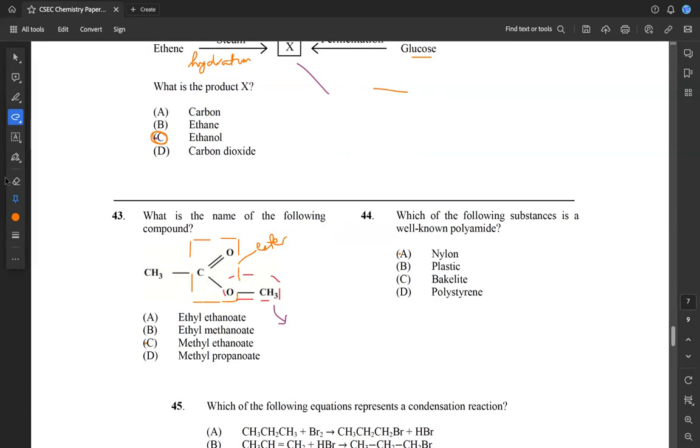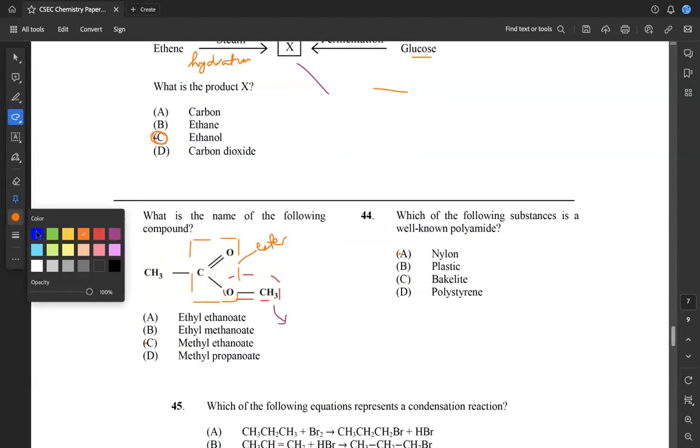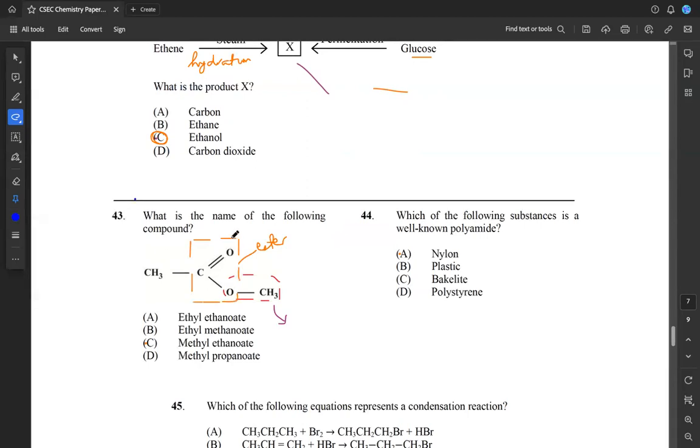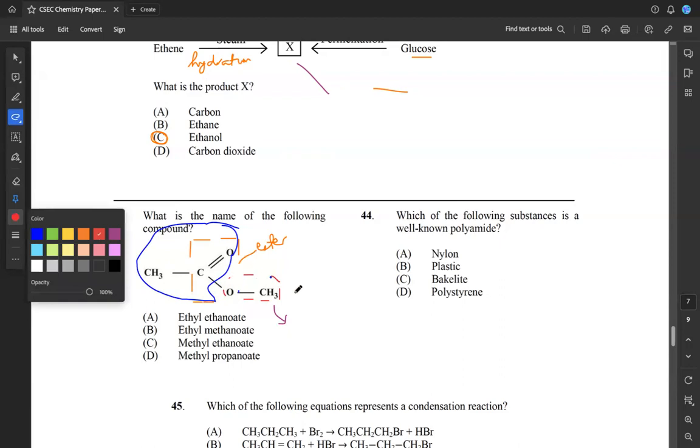And the ester is comprised of carboxylic acid. So the carboxylic acid portion would be all of this that I'm circling in blue, right? Well, actually this part here. So let me erase that little part here. The part that's in blue, guys, is from the carboxylic acid, right? And then the part that's right here in red is from our alcohol, right?